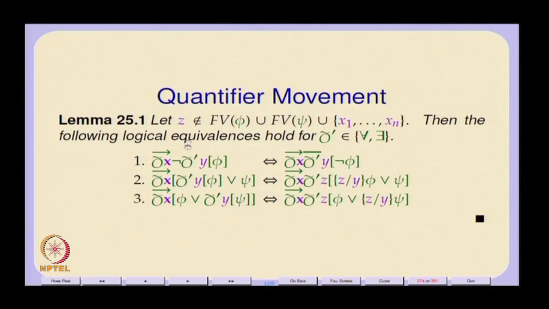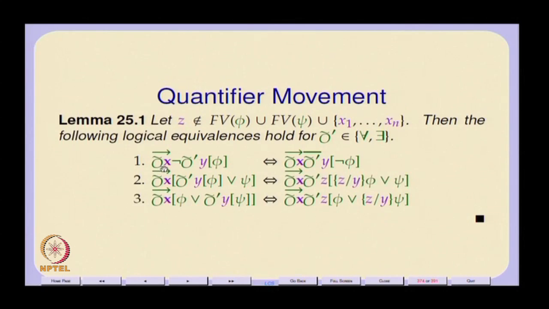Notice that there are some conditions these equivalences have to fulfill. Firstly, I am assuming that there is a variable z which is not free anywhere in any of these, and it is not any of these variables which are going to be bound.